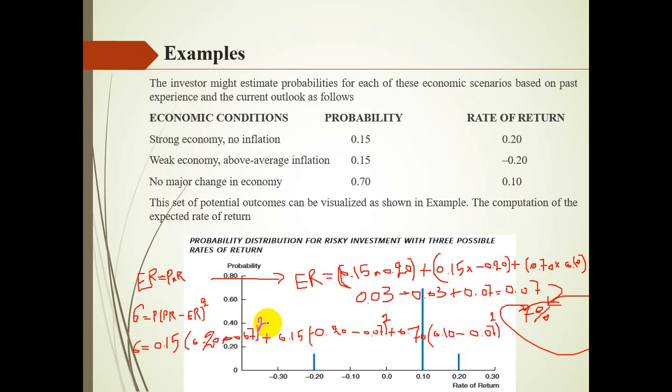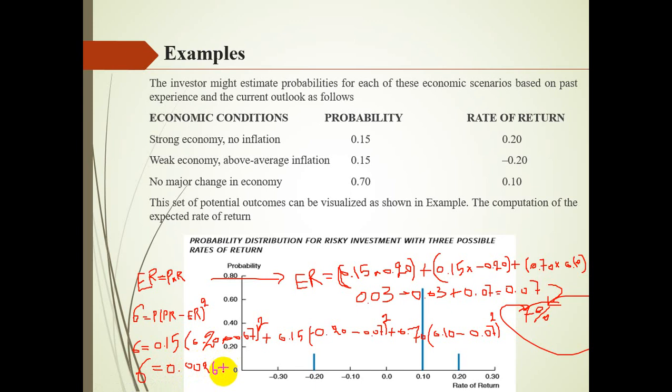So it will be equal to about 0.0026, which is the variance contribution for the first outcome, right, plus the next one.